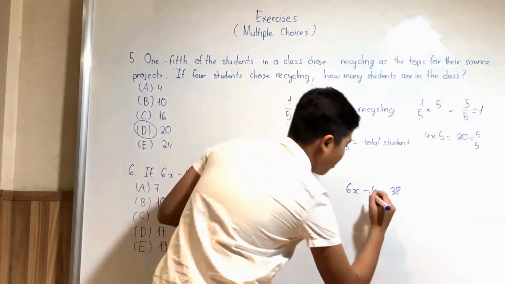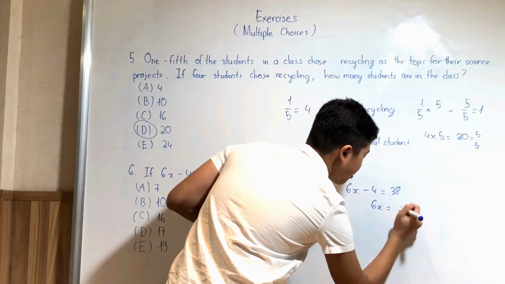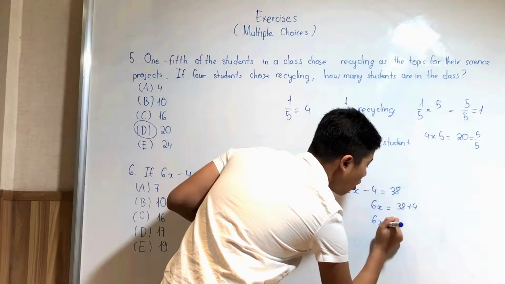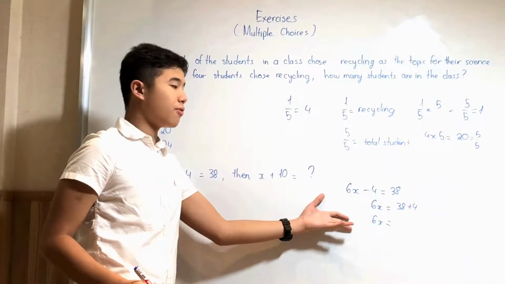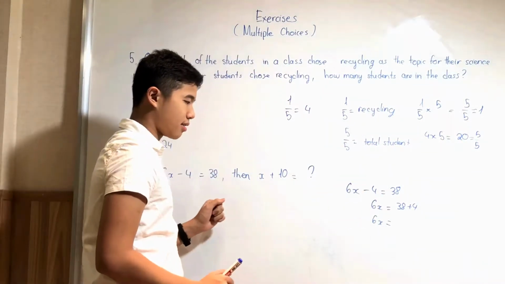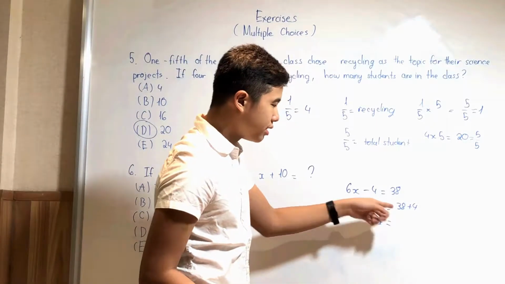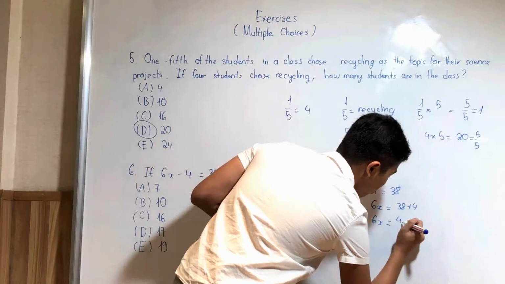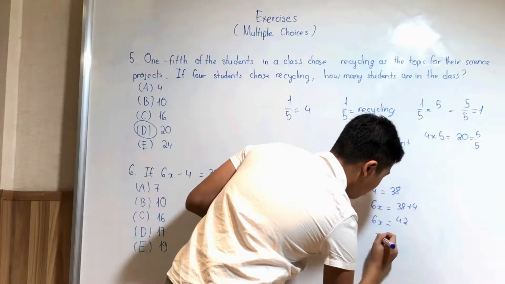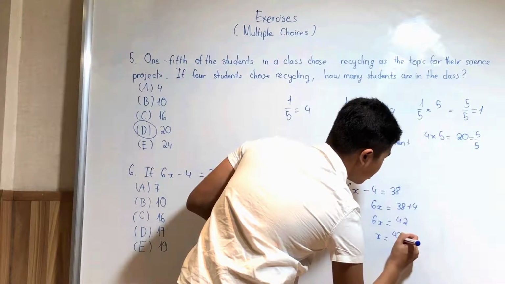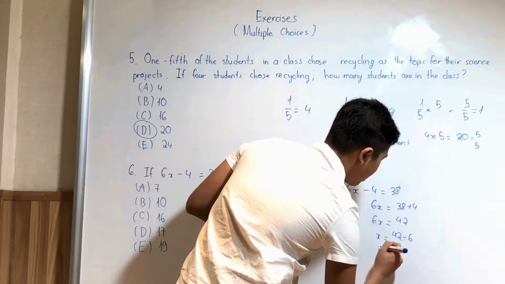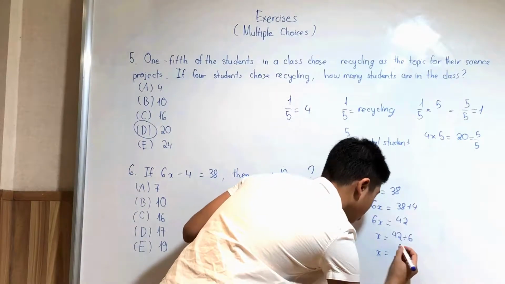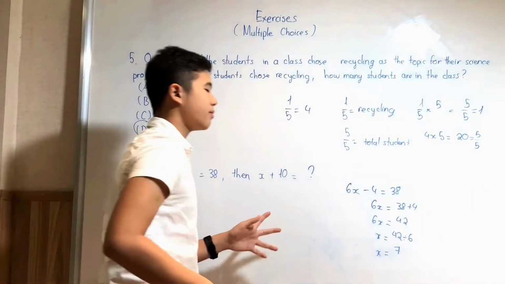First, you must find 6x. We will take 38 plus 4. Always do the multiplication first and then the minus. So 38 plus 4 is 42. And if we want to find x, we take 42 divided by 6. X here will be equal to 7.